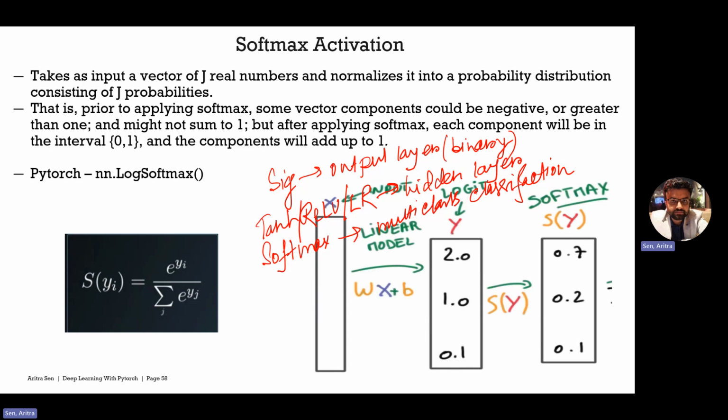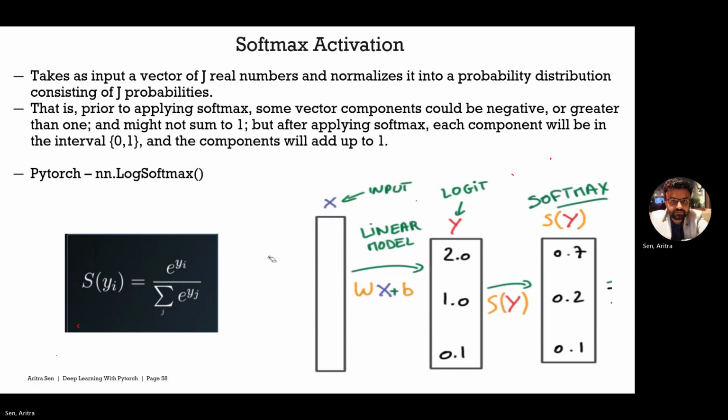If I visualize with this example, I have my input, which is X, then it passes through a linear layer, which does W transpose X plus B. Then we get the logits, right? And these logits can be of any range. But in the output layer, the sum of those probability values should be 1, right?